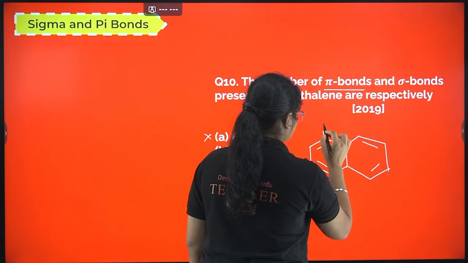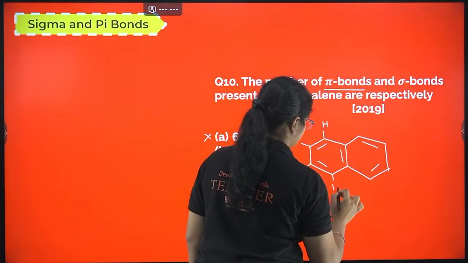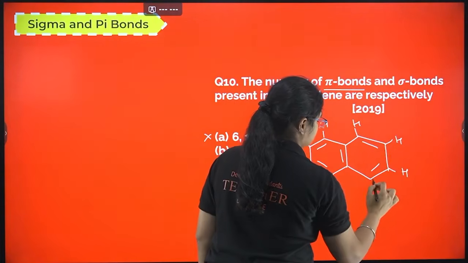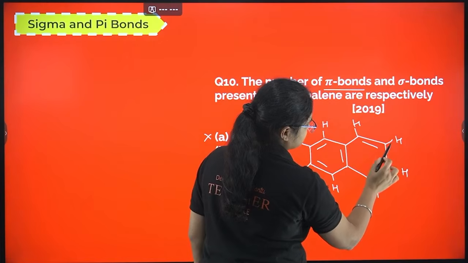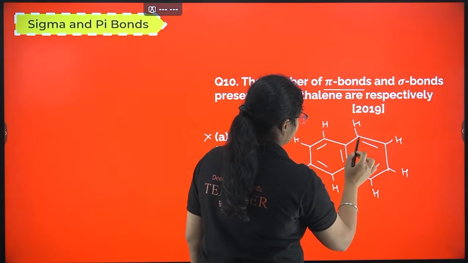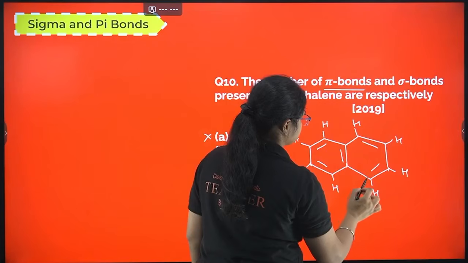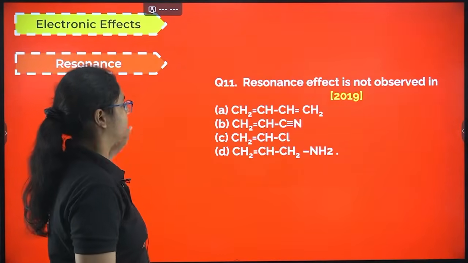And then I have H also like this. You need to remember the H values also, don't forget that. So how many sigma bonds are we having? 1, 2, 3, 4, 5, 6, 7, 8, then 9, 10, 11, 12, 13, 14, 15, 16, 17, 18 and 19. So 5 and 19, option number B.